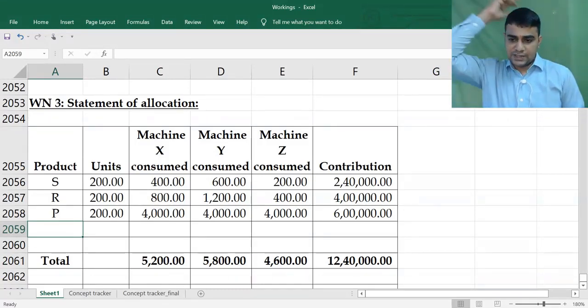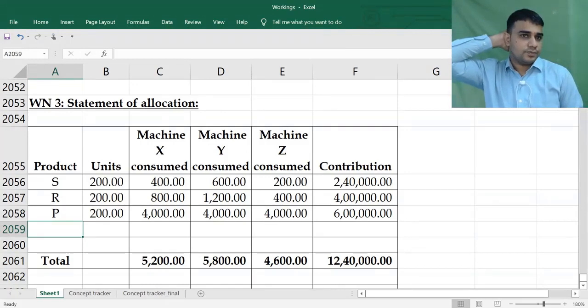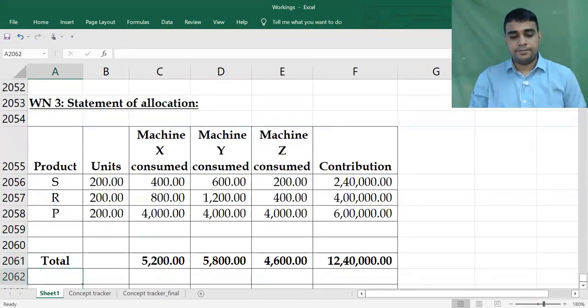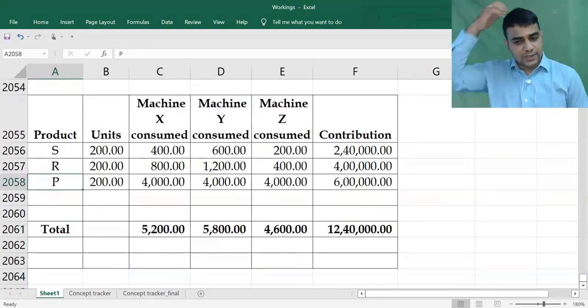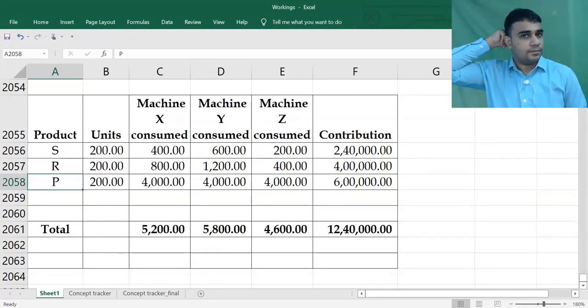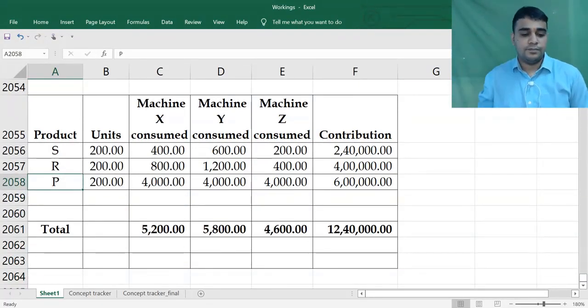We are still below 6,000. As long as I am below 6,000, I don't have a problem. We are not exceeding the limit as of now.